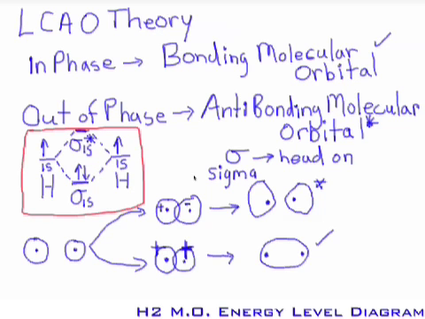And in fact, the individual hydrogen atoms are atomic energy level diagrams. But the thing you get in the middle is for an H2 gas molecule. So this is called a molecular orbital energy level diagram, an MO energy diagram.